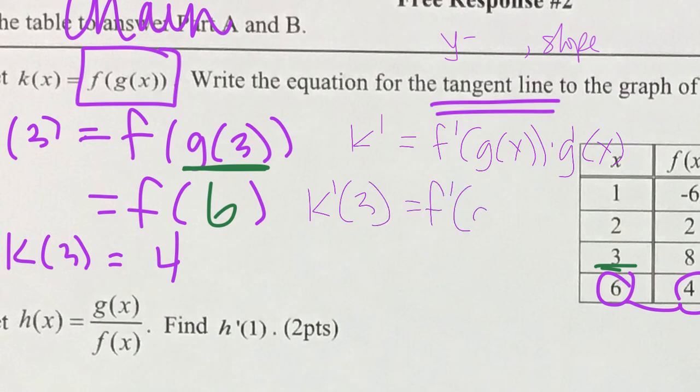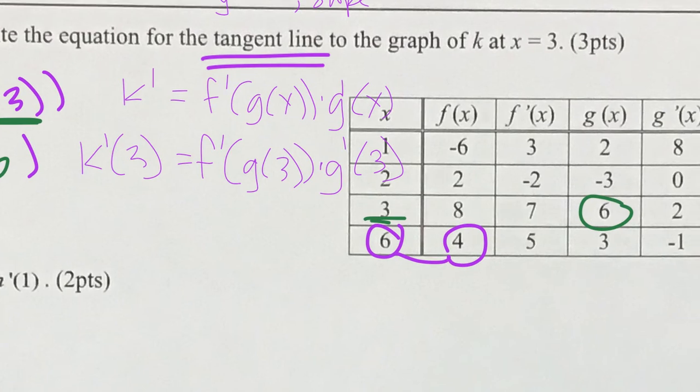So now we have to look and replace all of our x's with 3 and then go to our table. Okay, so g of 3, once again, is 6, so that goes in here. Right, this becomes a 6. And g prime at 3 is 2. So I still have to find f prime at 6 now.